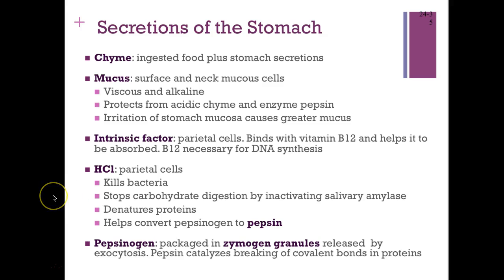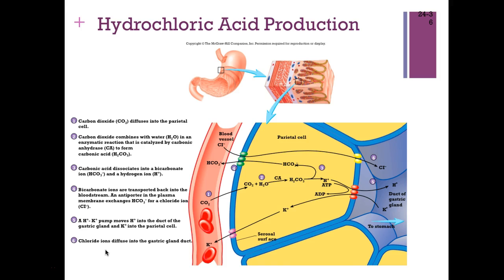It'll also help to denature proteins and convert pepsinogen to pepsin. Pepsinogen is going to be packaged in zymogen granules, which are released by exocytosis. And pepsin will catalyze the breaking of the covalent bonds in the protein.